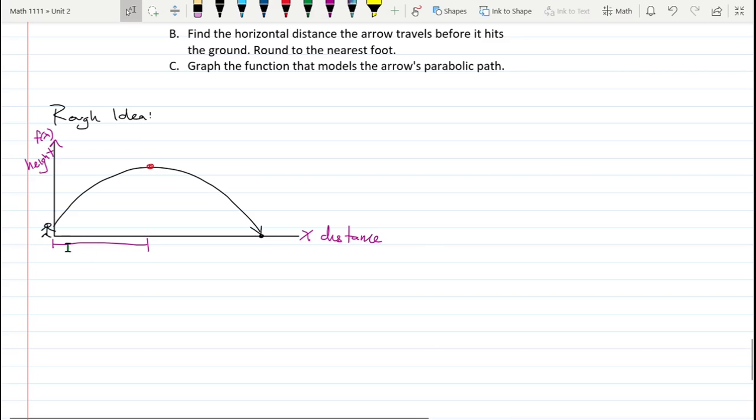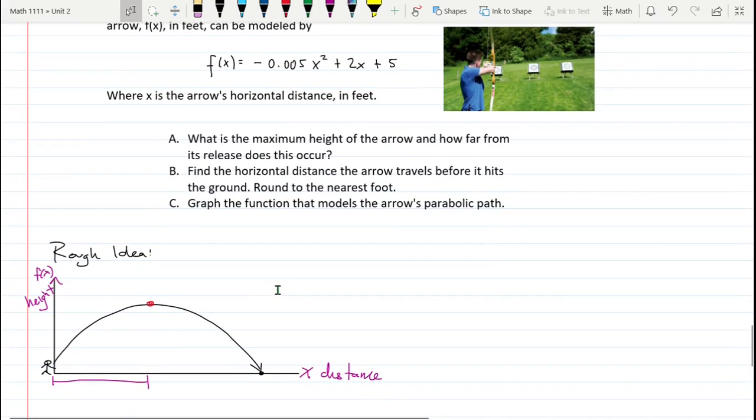If you look at the vertical axis, this is the height of the arrow at its highest point. This is the overall distance that the arrow traveled. We can figure out those things fairly easily, and it means a lot of information once you understand how to get it out of the problem.